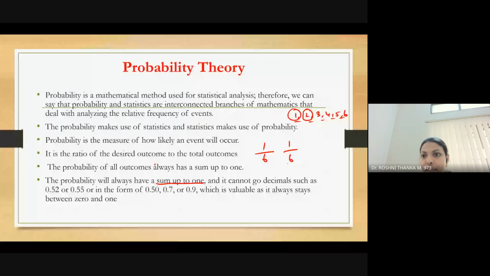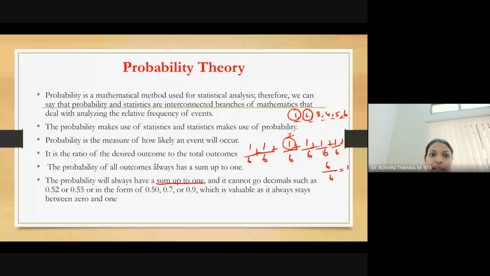Similarly getting 3 is 1 of 6. Then 4 is 1 by 6, 5 is 1 by 6, and 6 is 1 by 6. When you sum all this, you get 6 divided by 6, which is 1.